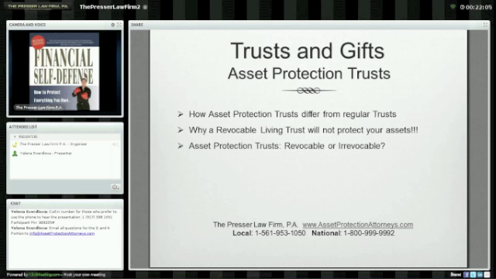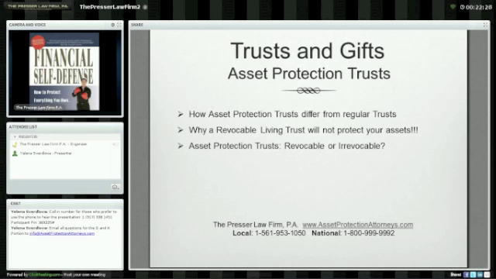So we feel that the federal law would trump any state law, thus making a domestic asset protection trust not protective. So again, if you want an asset protection trust domestically, you really have to stick with an irrevocable trust, and internationally, you can set up an international asset protection spendthrift trust, which we'll talk about later.